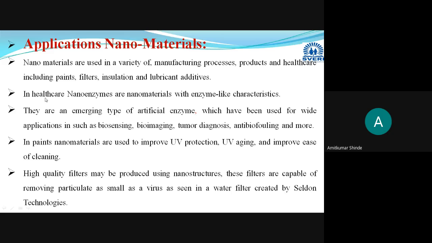Now first is nano enzymes. These second and third points you have to read together. Some nano enzymes are manufactured, and these enzymes can be used for performing different biological operations, like biosensing, bioimaging, or tumor diagnosis can be done.